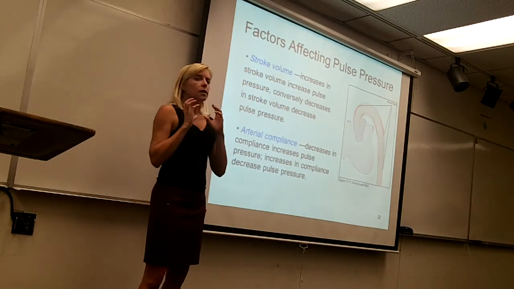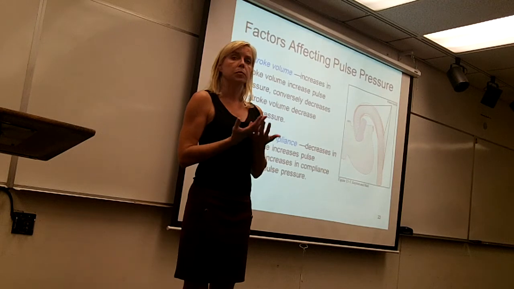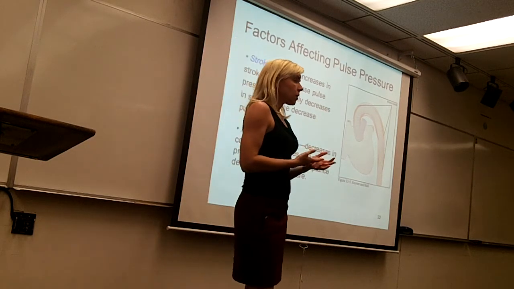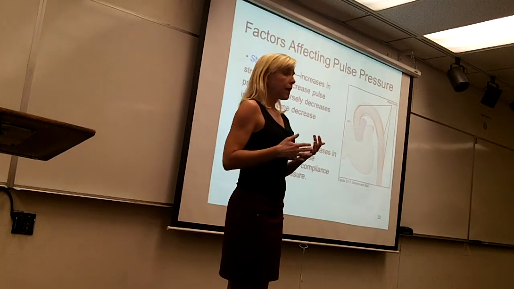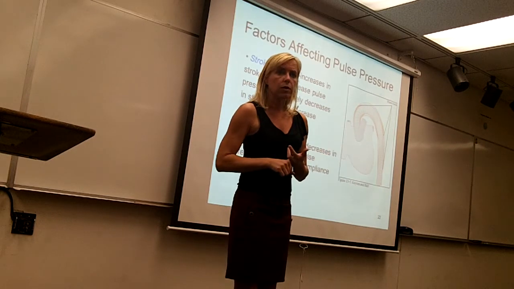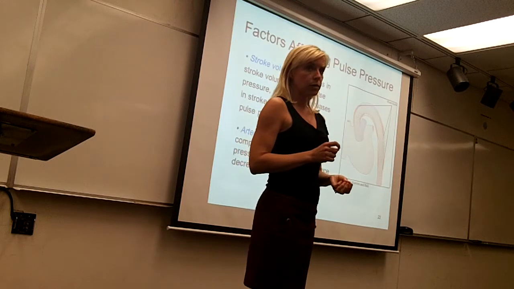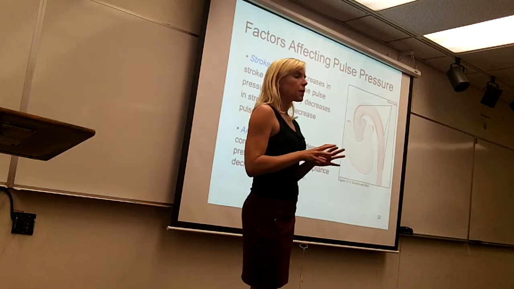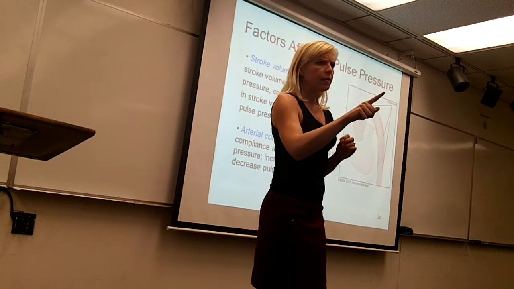Compliance. The elastic arteries are more compliant than arterioles. If the elastic arteries and muscular arteries sustain damage, maybe from a high cholesterol diet, atherosclerosis can lead to arteriosclerosis, which means calcium deposits. And that means you're going to get, don't say hardening of the arteries.